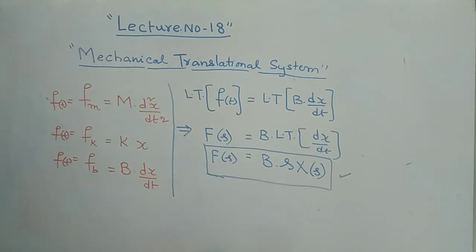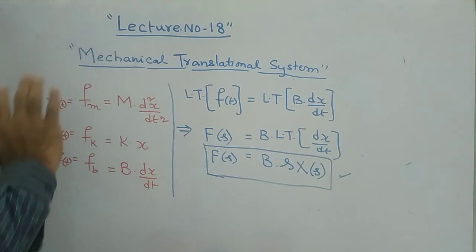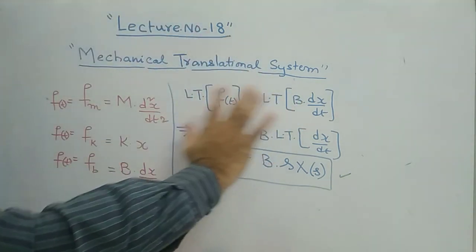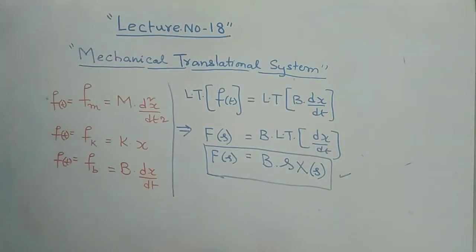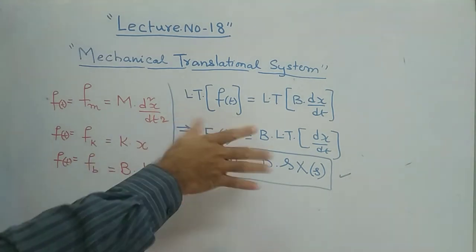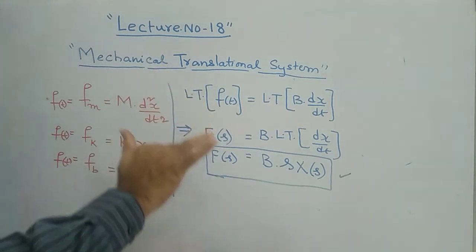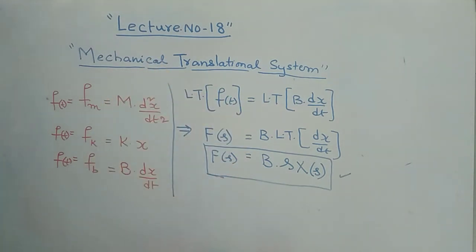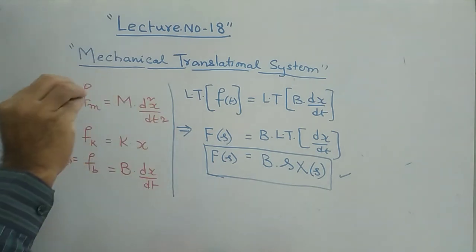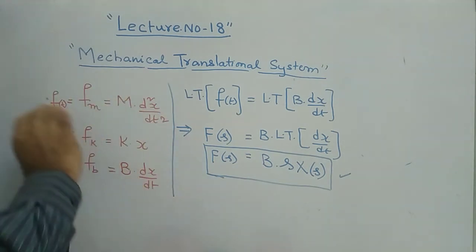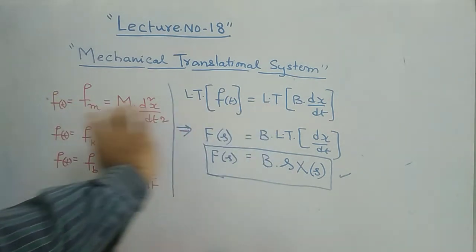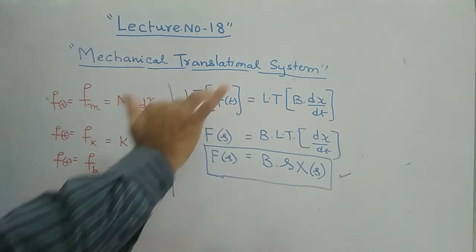Clear? So this is how the force balance equations in the time domain can be converted into the frequency domain. Why I am explaining all these is that, in order to obtain the transfer function for the given mechanical translational system, we need to apply the Laplace transformation for the differential equation associated with the given system.